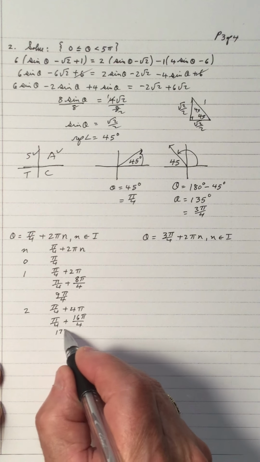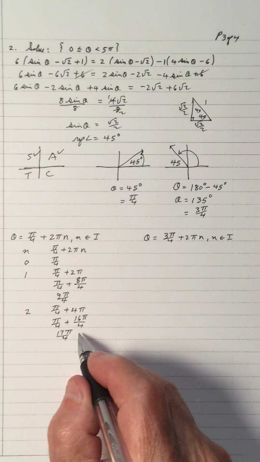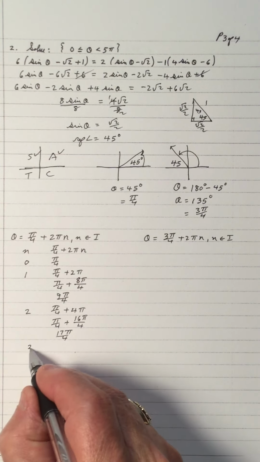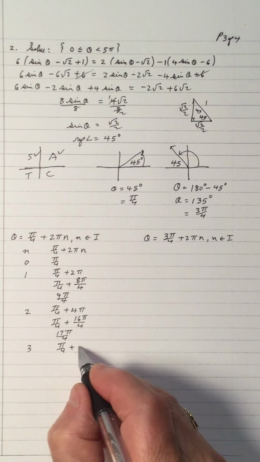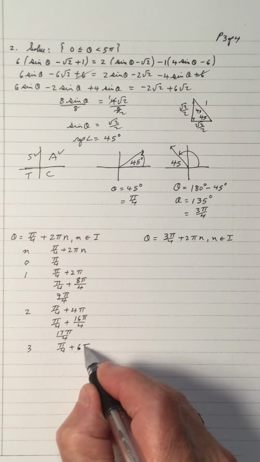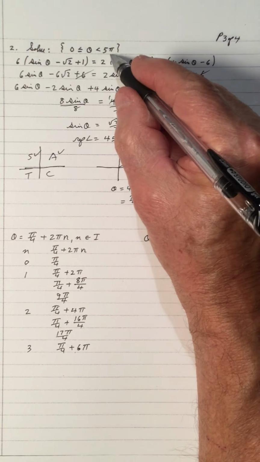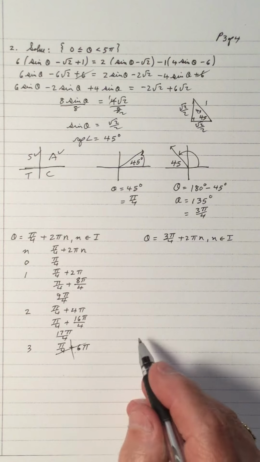So that says 17 pi over 4. And we'll try a 3. And pi over 4 plus 3 times 2 is 6 pi. But furthest we can go up as far as 5 pi. So 6 pi is too much, so that one won't do.